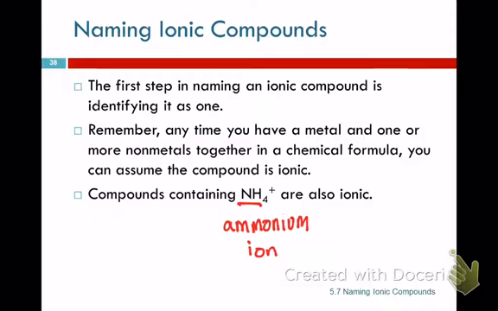The reason it's the weirdo is because it's all nonmetals. And normally the cation, when we deal with it, is a metal and it's easy to name. But it's a nonmetal. So you'll see it in something like this. It's a very common compound. And so even though that's all nonmetals, it has ions in it, so we have to name it as an ionic compound.